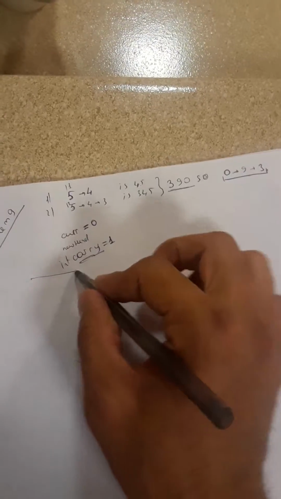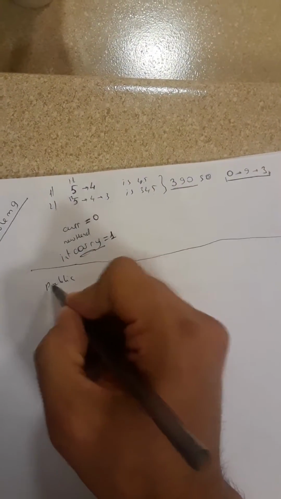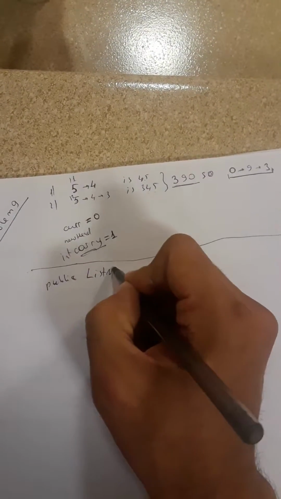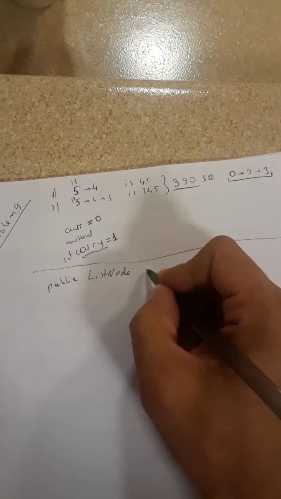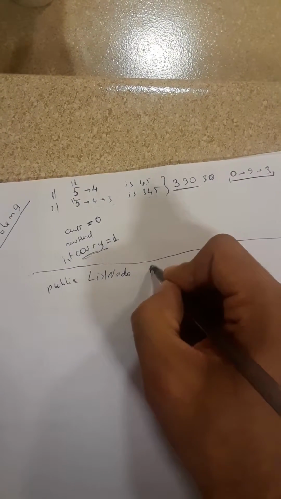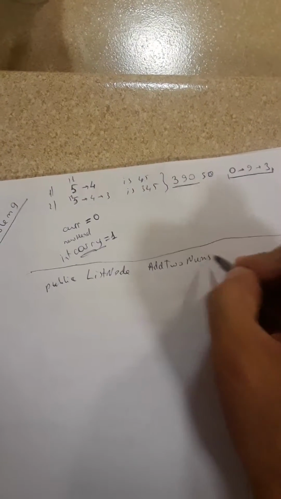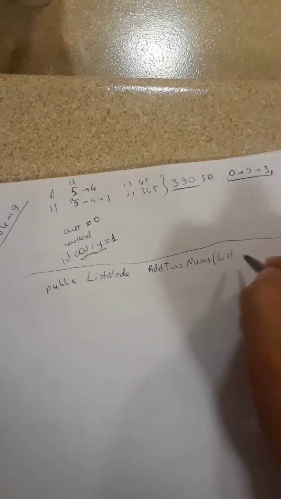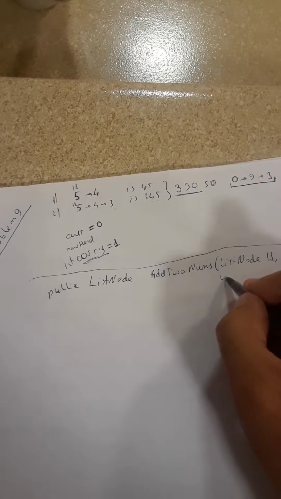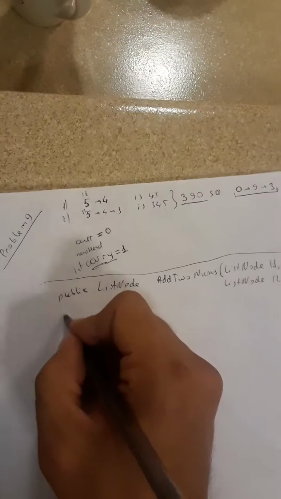So let's write the code here. Here I will be returning a list node. I will call it addTwoNumbers, with list node L1 and list node L2.